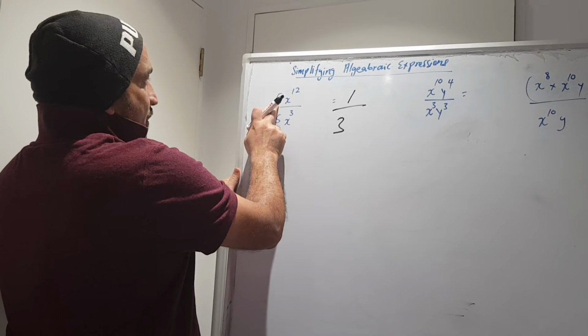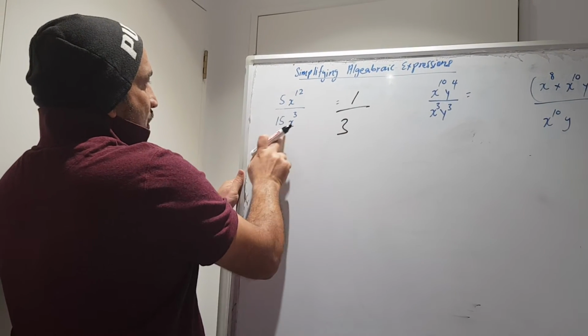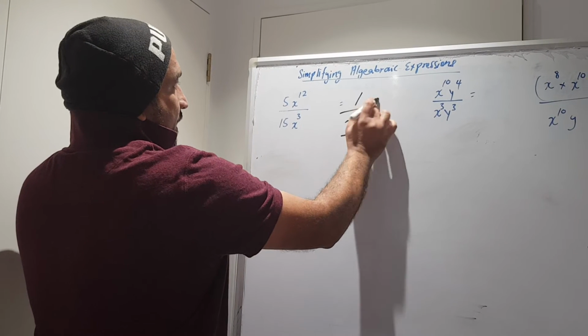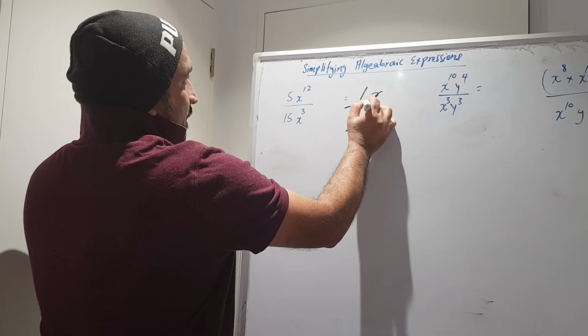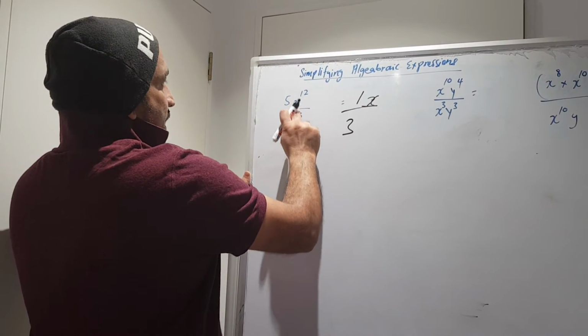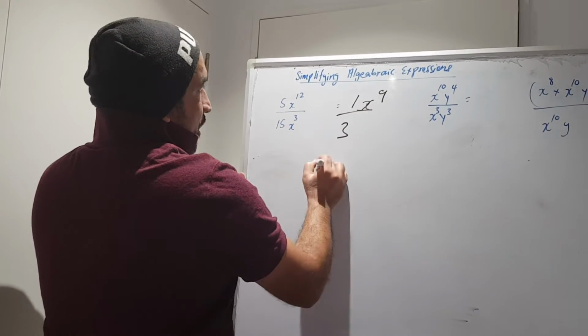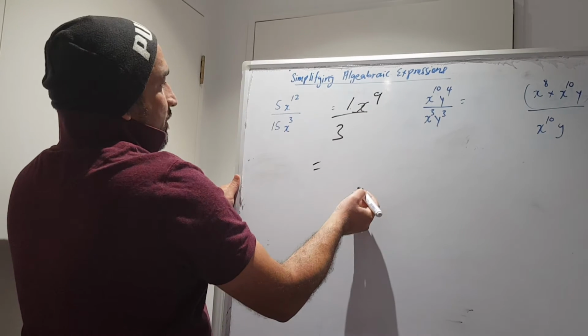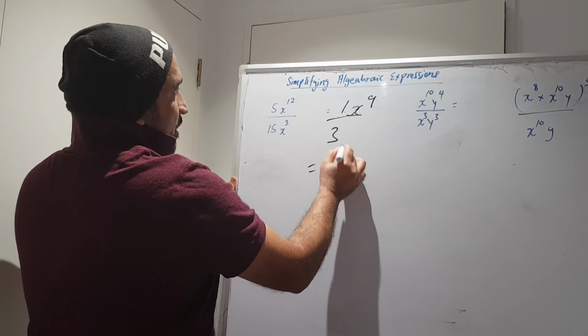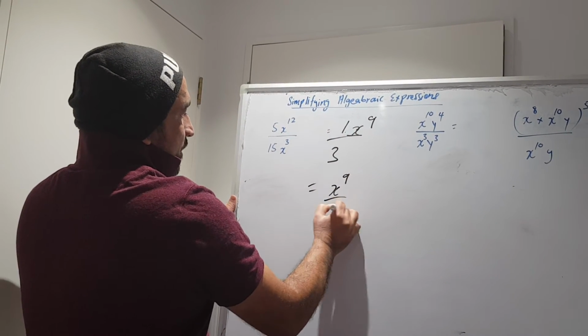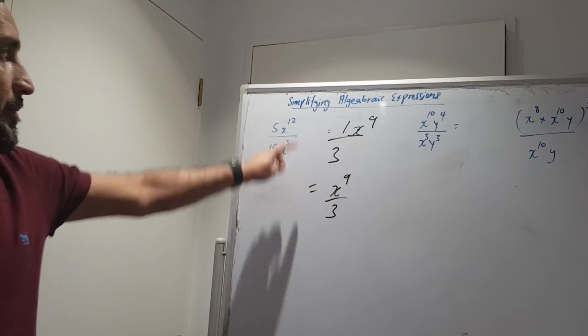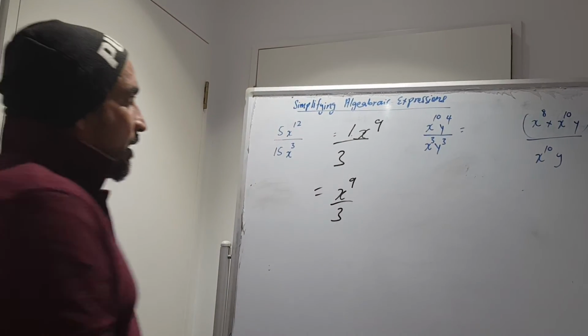So 5 can go into 5 one time, 5 can go into 15 3 times. And then x, you see the base is the same, we minus the powers. So 12 minus 3 is 9. So I could say 1x to the power of 9 over 3, or I'll say x to the power of 9 over 3, 1 makes no difference. Any of those answers, either this or that.